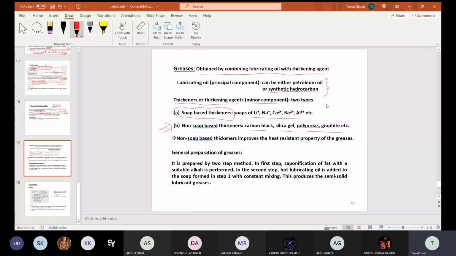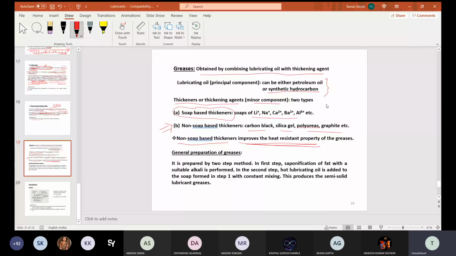So to maintain the grease in the semi-solid form, we use these non-soap based thickeners. They improve the heat resistance of the grease and help maintain its semi-solid nature even at high temperature. As a result, such grease can be used for high temperature applications.